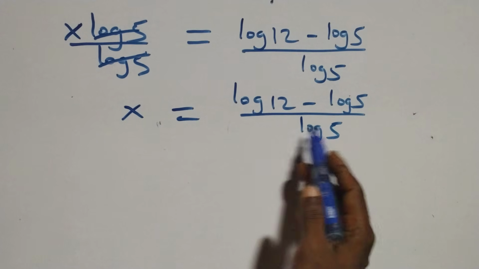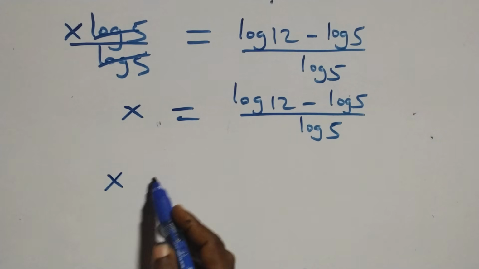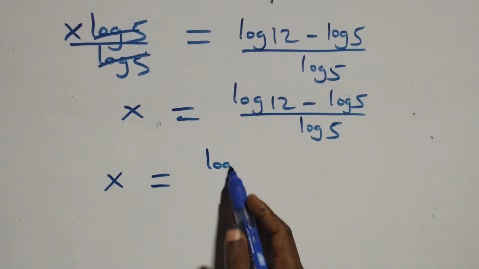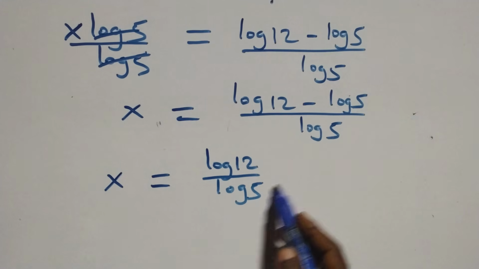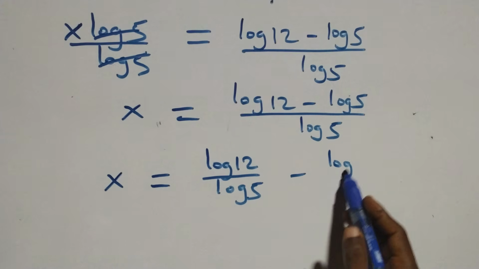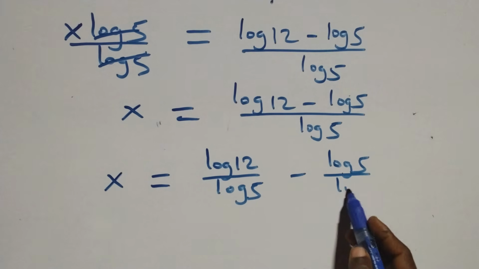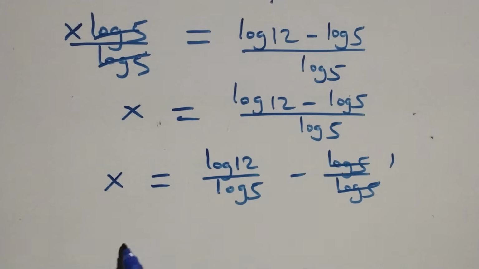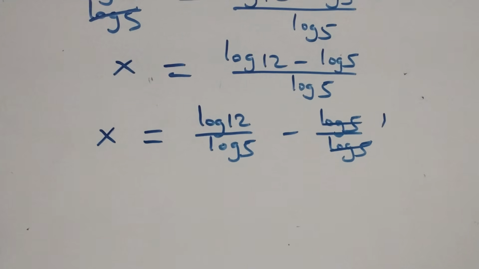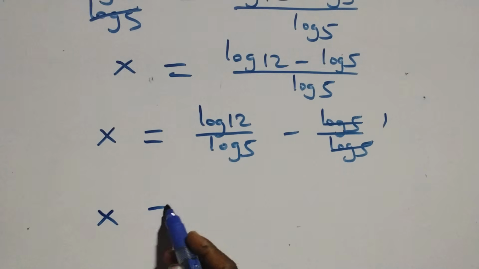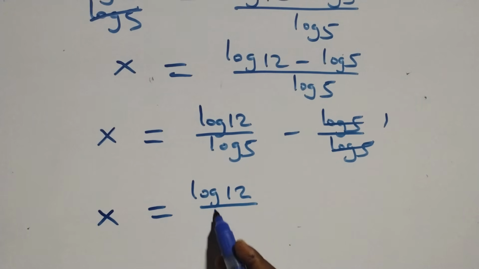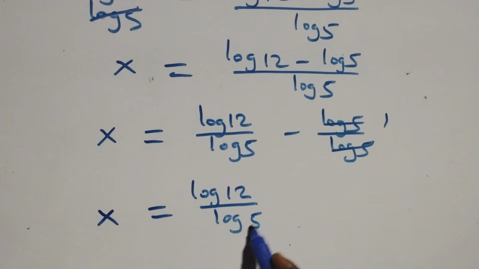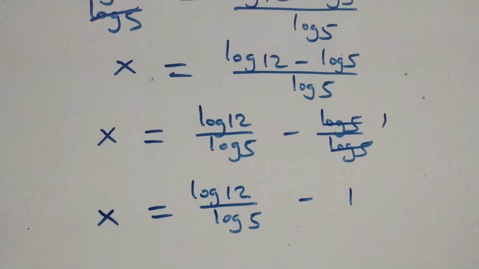The next step here, we separate this into two fractions. We have x equals log 12 over log 5 minus log 5 over log 5. This here, log 5 cancel each other, one left here, which implies x equals log 12 over log 5 minus 1.